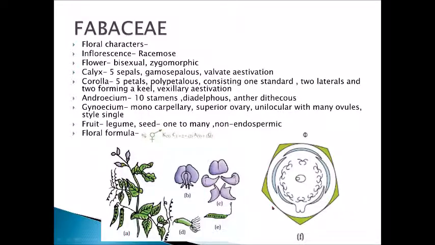Androecium has diadelphous condition because 9 stamens are put together forming a bundle and the remaining 1 is separate. Gynoecium, it is superior ovary because the line is below, and it is monocarpellary because 1 number is shown, that is how many carpels are there? 1 carpel is there.